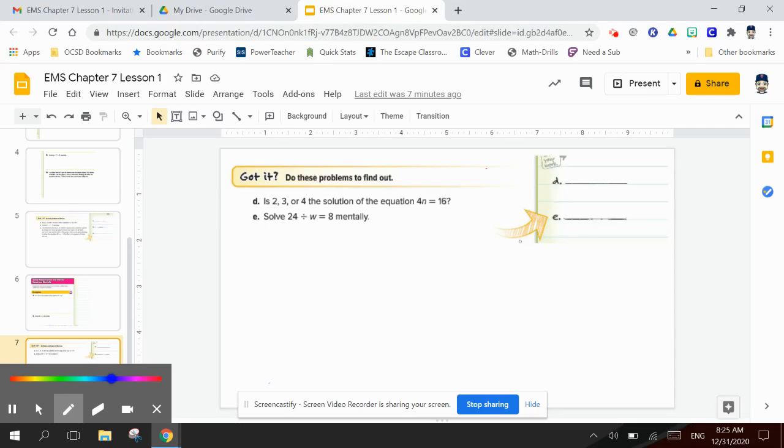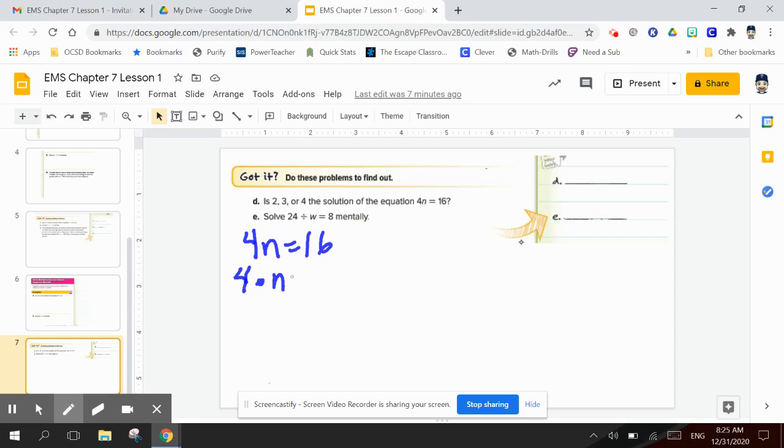Is 2, 3, or 4 the solution of the equation 4n equals 16? So again, 4n equals 16. This is the same as 4 times n equals 16. So I'm going to use these three values for n to see which one of those works for 16. I'm going to take 4, because that's going to stay the same, times 2. 4 times 2 is 8.